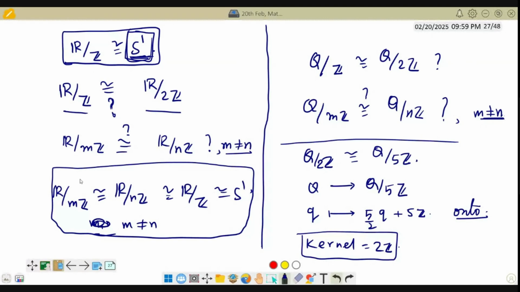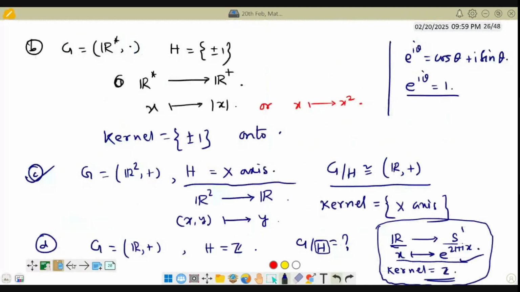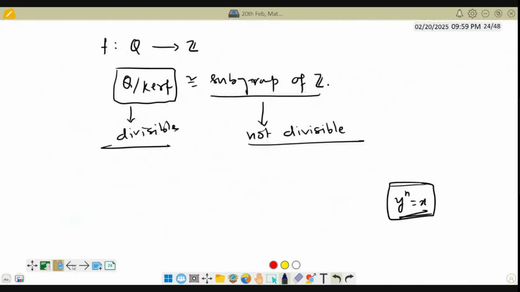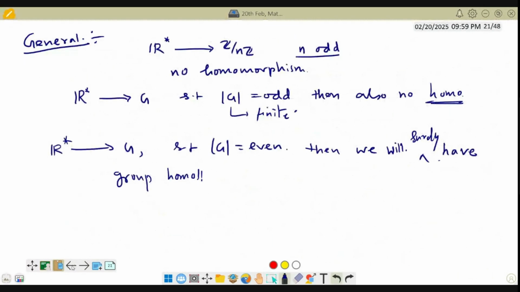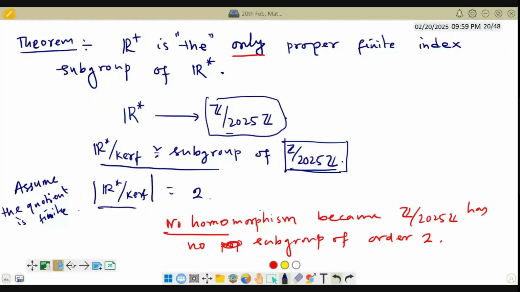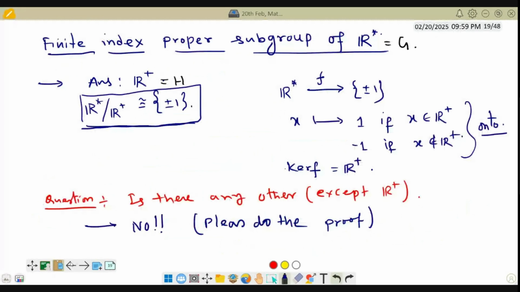Suppose you have Z mod mZ to Z mod nZ, then the number of group homomorphisms will be the GCD. Suppose I take m equal to 6 and n equal to 9. So just take the GCD, 3.